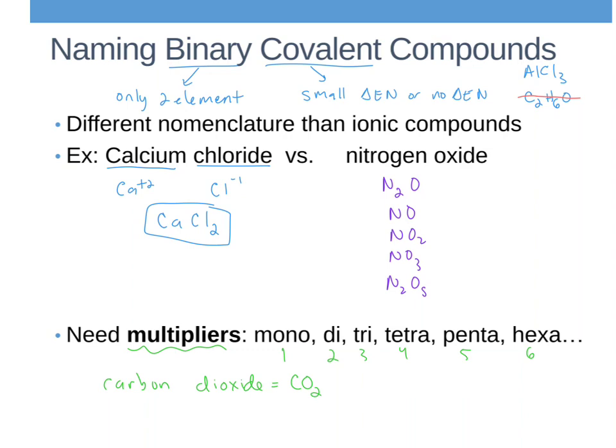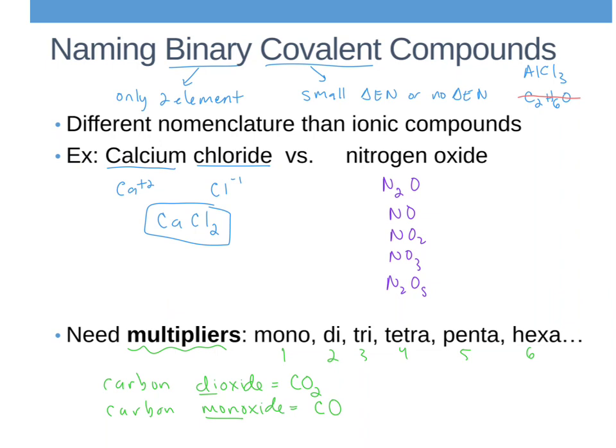That's different than carbon monoxide, which is just a carbon and 1 oxygen. Mono meaning 1, di meaning 2. That's how I knew how many oxygens to draw there. So we use these multipliers, but just for the binary covalent compounds. We never use multipliers for the ionic compounds.